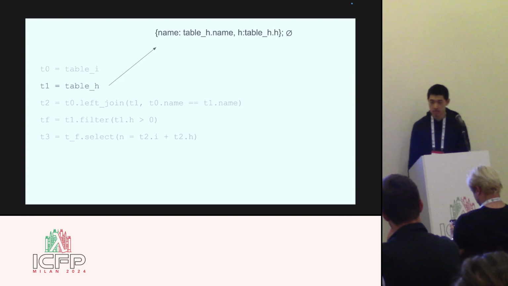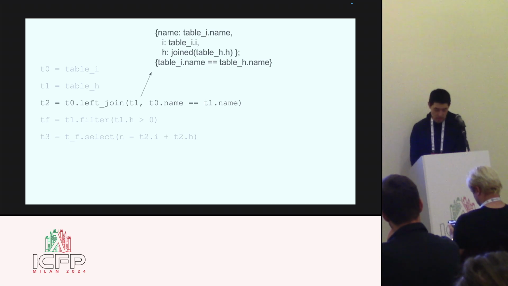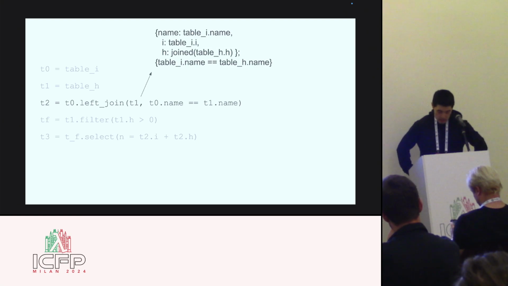The second table is equally boring, but the next one, when we do this left join, basically it creates 3 columns, combining the ones from T0 and T1. And a little trick we did here is if you look at this H here, it's coming from this table H.H, but we added a little tag or some fake function called joined.